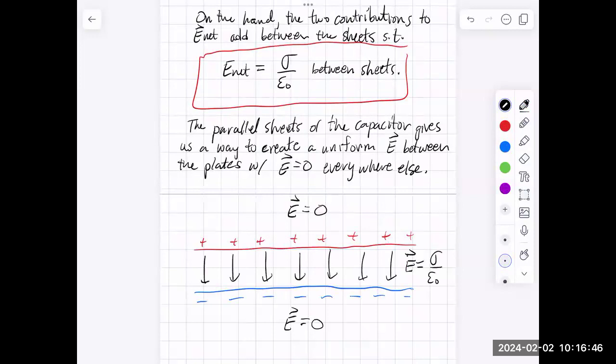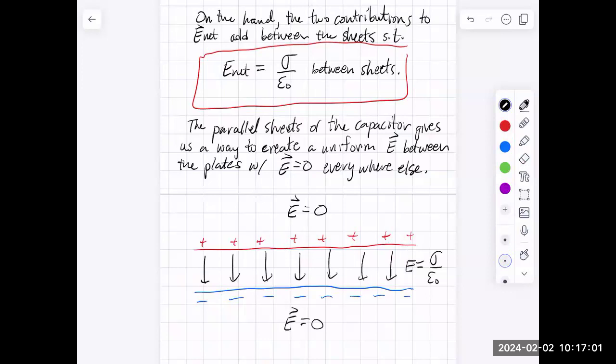Let me just draw the magnitude out. I won't worry about the direction. The direction is shown by the arrows there. Okay, good. So there's a real application, and this sort of thing is done all of the time.